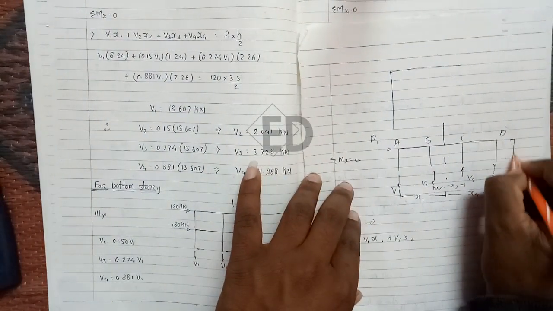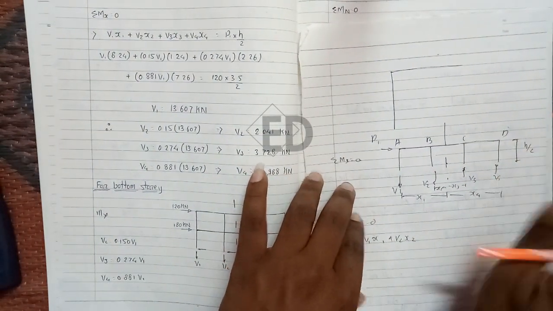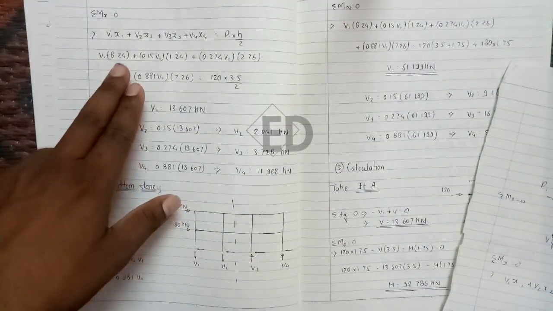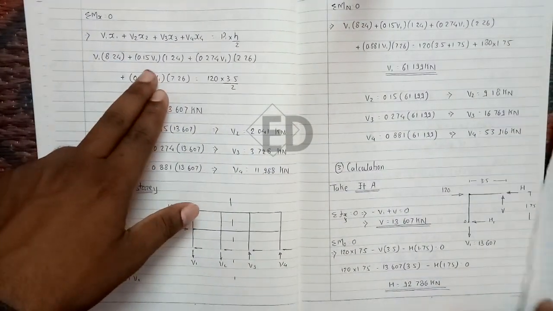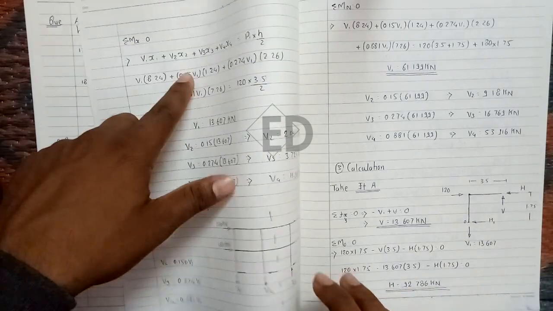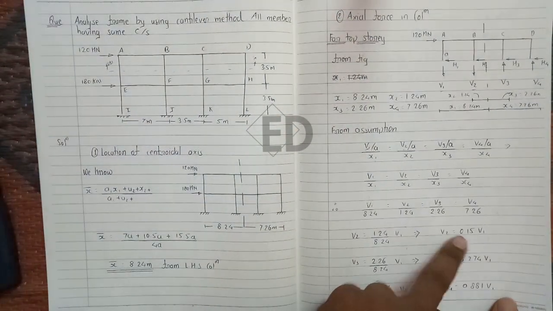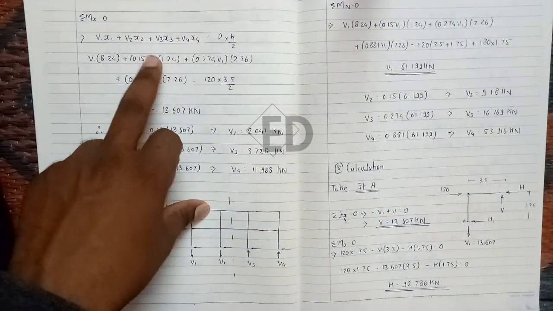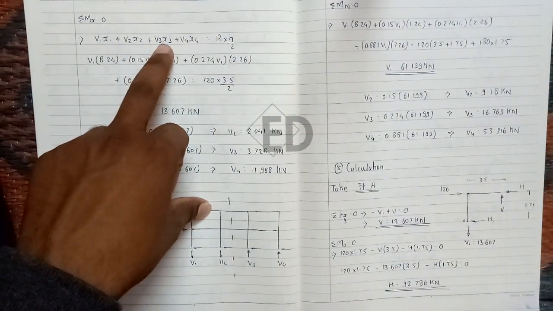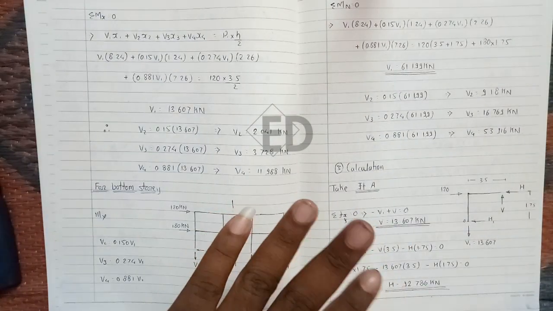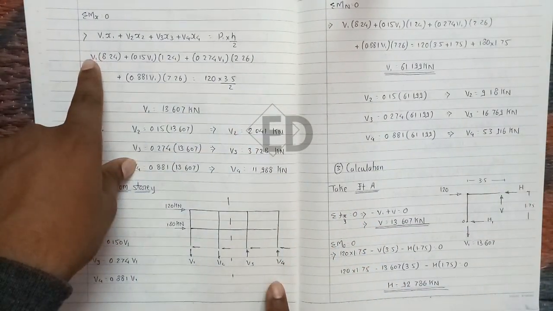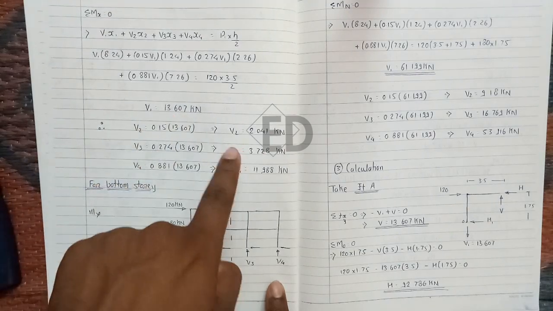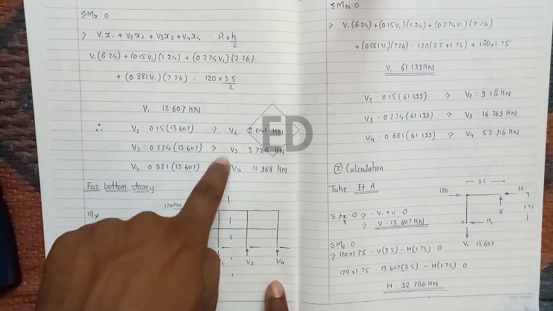Just put in all the values. We know x1, and V2 calculated in terms of V1 is 0.15 V1, and we know x2 and V3. We directly get the value of V1, and from this V1 we are able to calculate V2, V3 and V4.